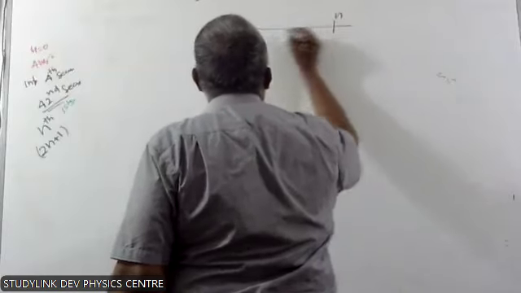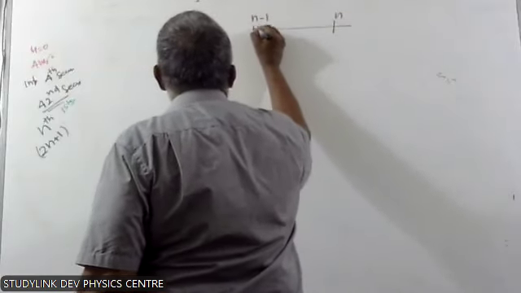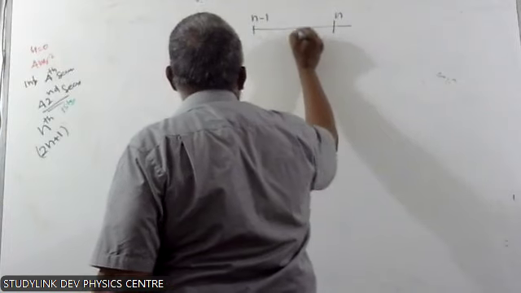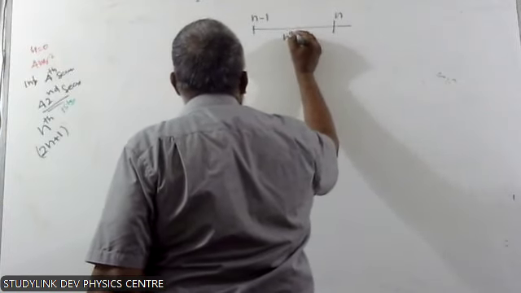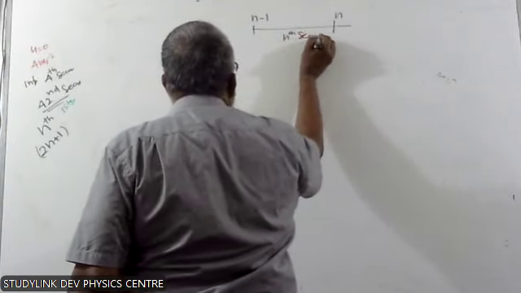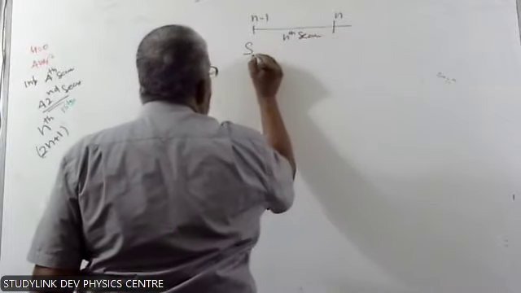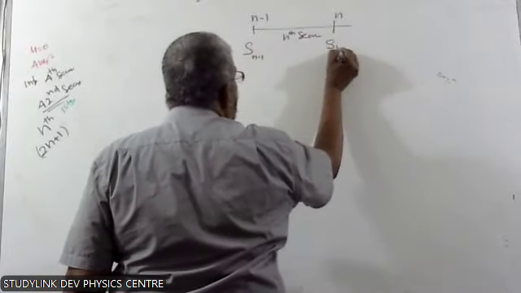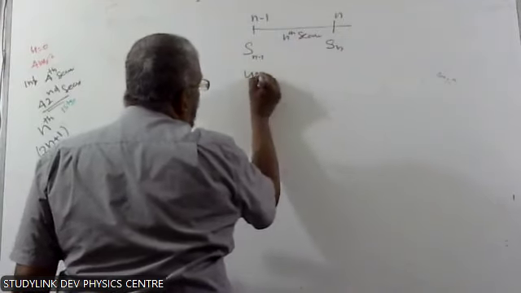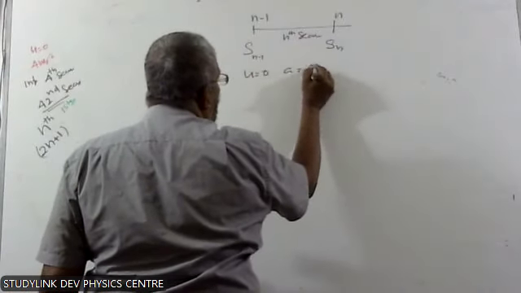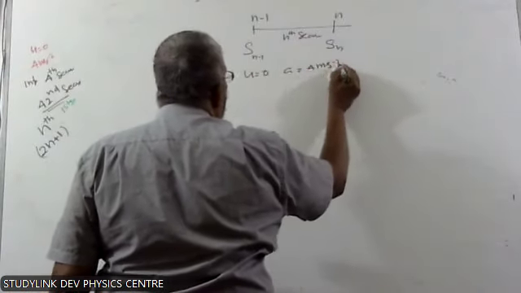This is n, this is n minus 1. From here to here, this is the nth second. Then we have to find S(n-1) and Sn. U is equal to 0, a is equal to 4 m/s².